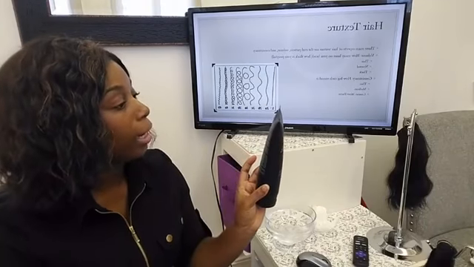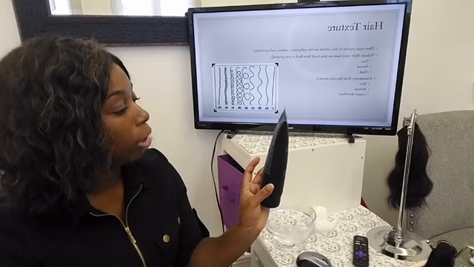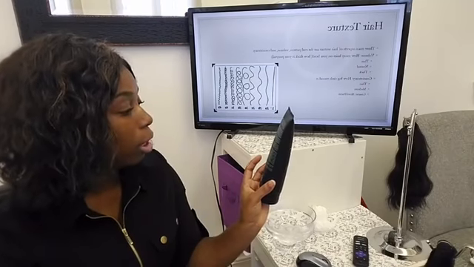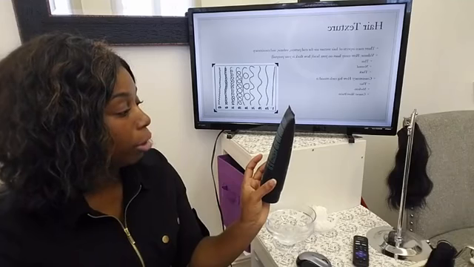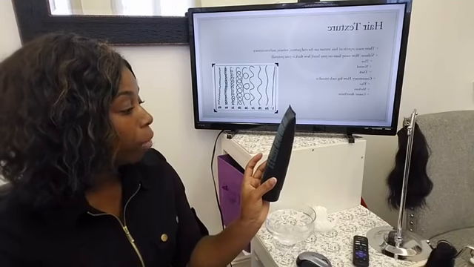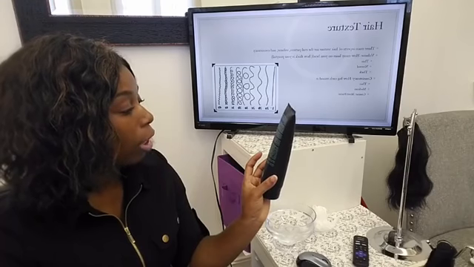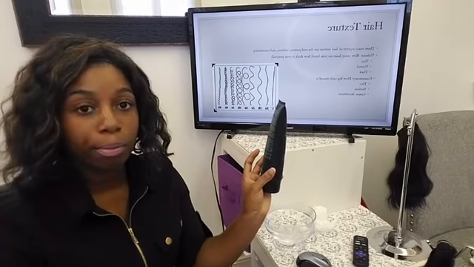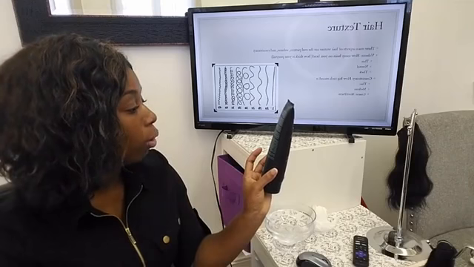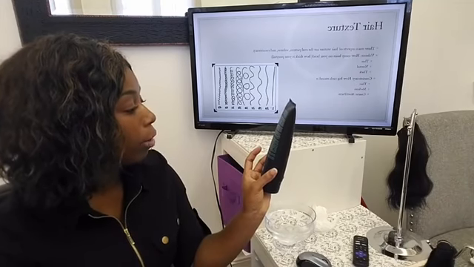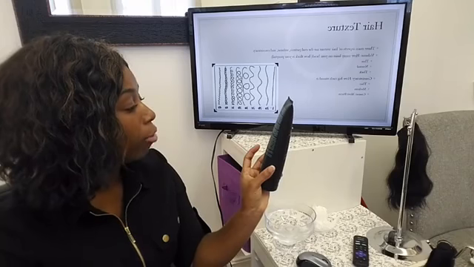As for the ingredients, the first ingredient is water. The second ingredient is a sulfate. The third ingredient is a sulfate. The next five ingredients are a form of oil: linoleum, protein, keratin, fragrance.